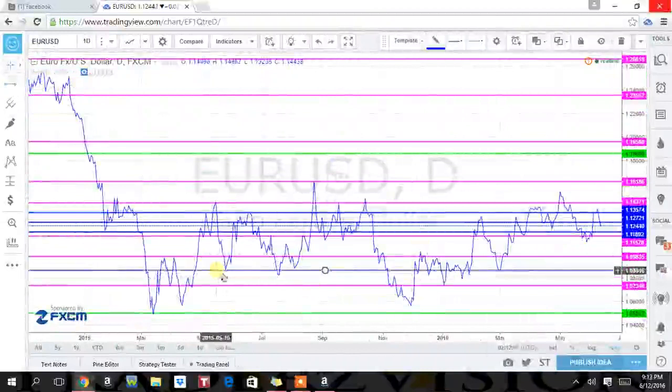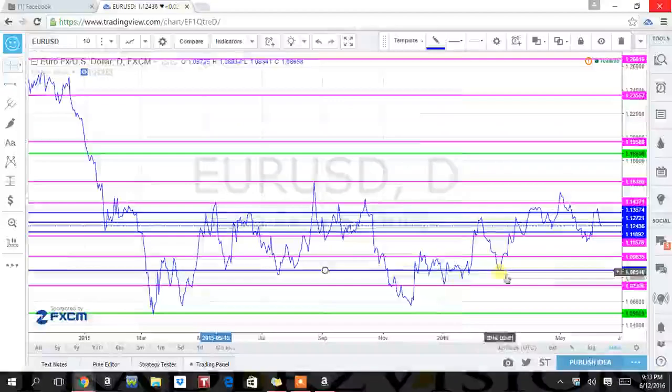I'd say right here as well. See, price failed right here, failed right here, failed right here, held right here, failed right here. So we know it's an alright zone to have.